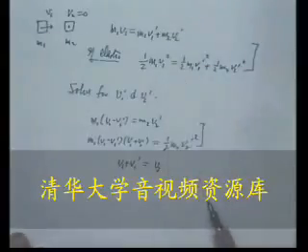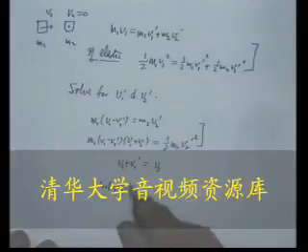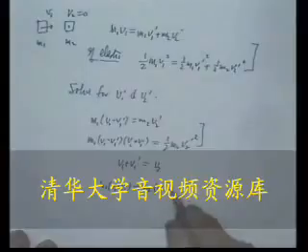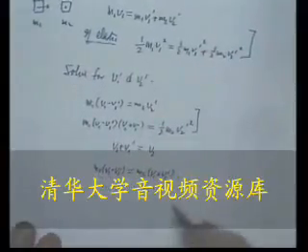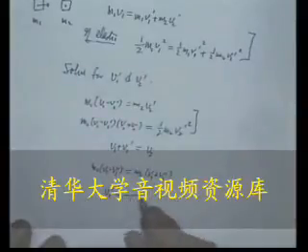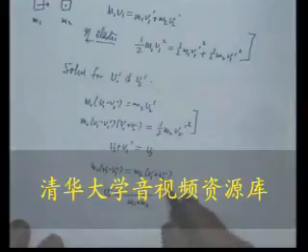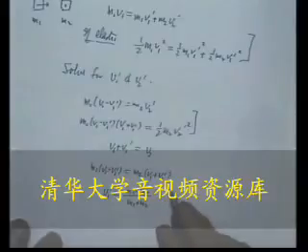Now I substitute that in there, I've eliminated the V2 prime. So M1 times (V1 minus V1 prime) is equal to M2 times (V1 plus V1 prime). So now I have one unknown, V1 prime. So I get V1 prime is equal to (M1 minus M2) over (M1 plus M2) times V1.